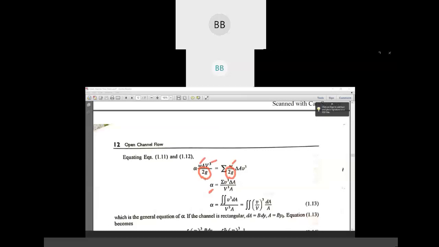So this is the expression for your alpha. In place of summation you can consider integration.